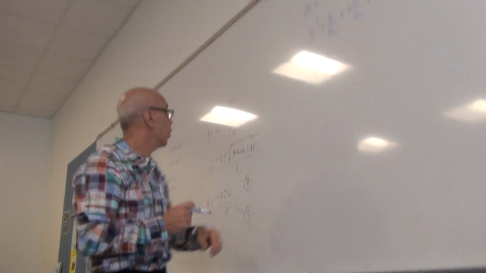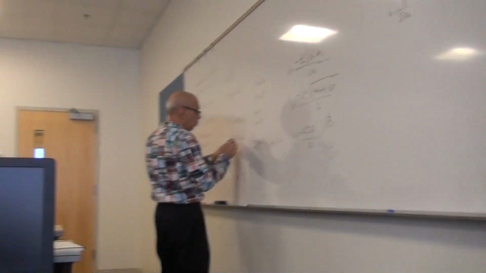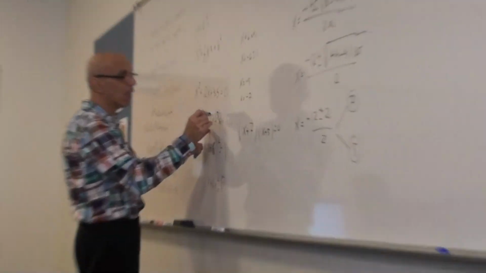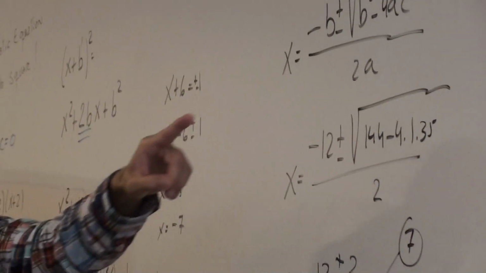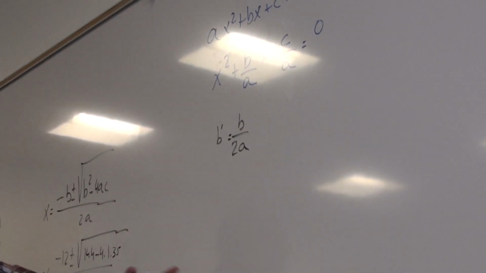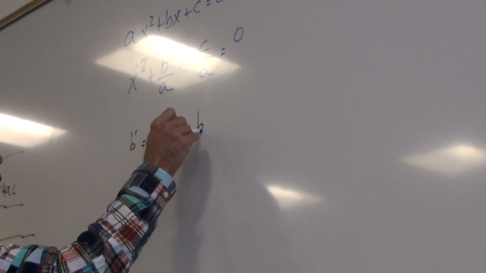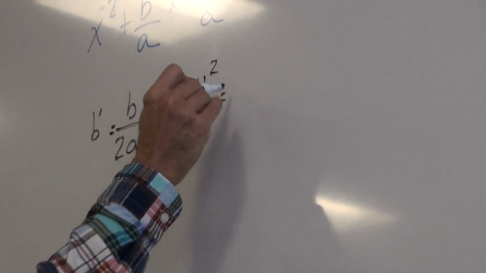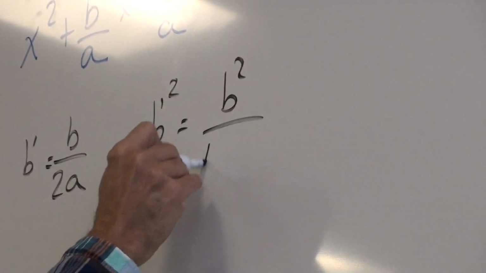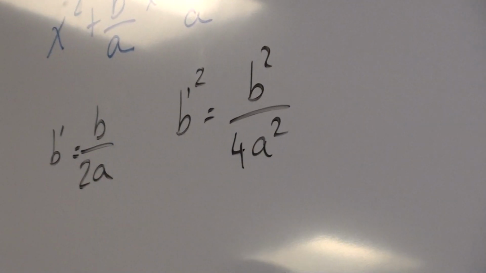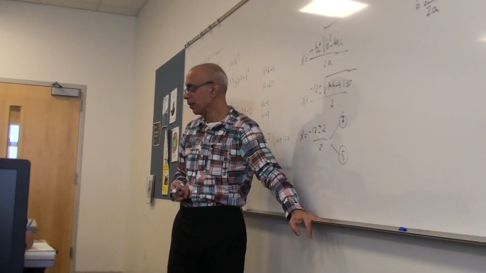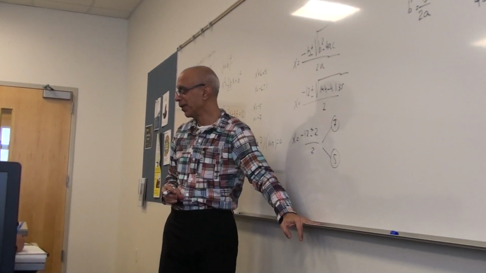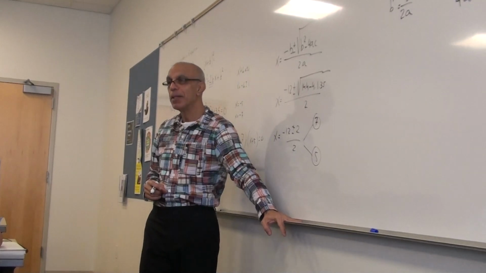Now, in order to complete the square, I have to have here the square of b line, right? If this is b line, what is the square? What is the square of this b line? It's going to be b squared over 4a squared. Is that okay? Are you guys following me, or is it too big of a gap?